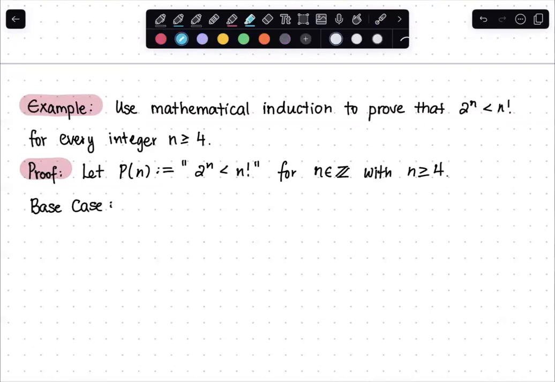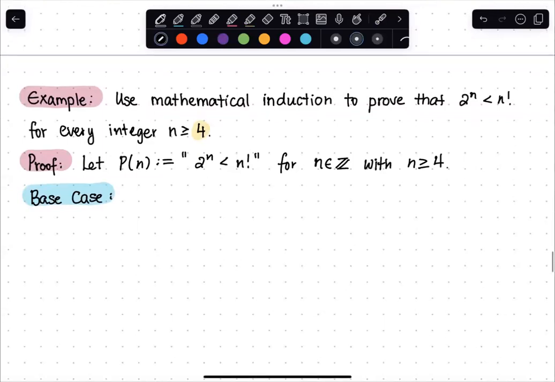Okay, so now our base case here, because we're actually going to be starting at 4, that means we need to prove P(4) is true. So we show that P(4) is true. Now, what does P(4) say?